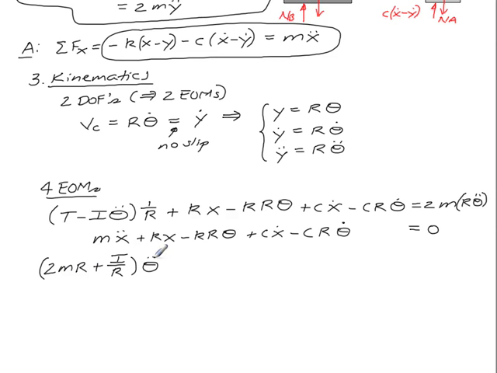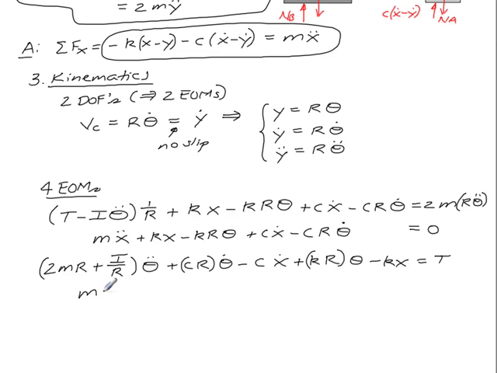Then I'm going to have a term here of c times r theta dot. I'm going to have a minus c x dot. I'm going to have a k r theta. I'm going to have a minus kx, like that. And that's going to be equal to the torque on the gear, T.